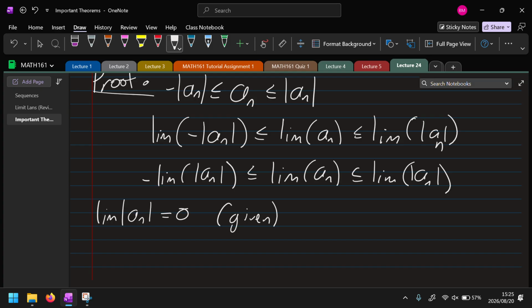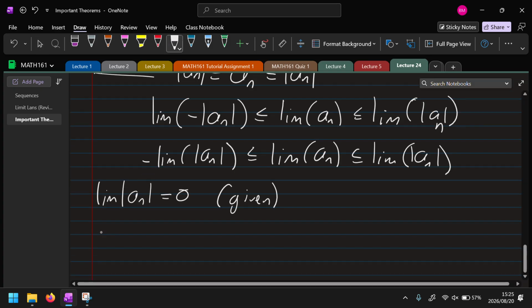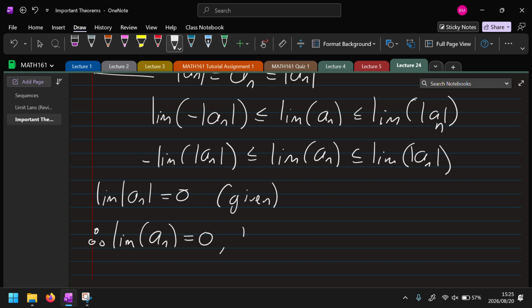That's given. So if the left limit and the right limit are both 0, what does that mean for the middle limit? It's also 0 by the squeeze theorem. Yeah. I hope you remember squeeze theorem from last year. It's going to be used quite a lot for these proof type questions. Right. Any questions for the proof?